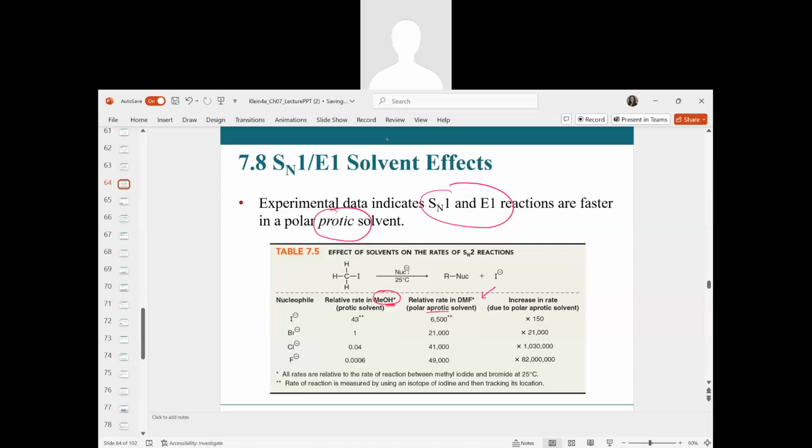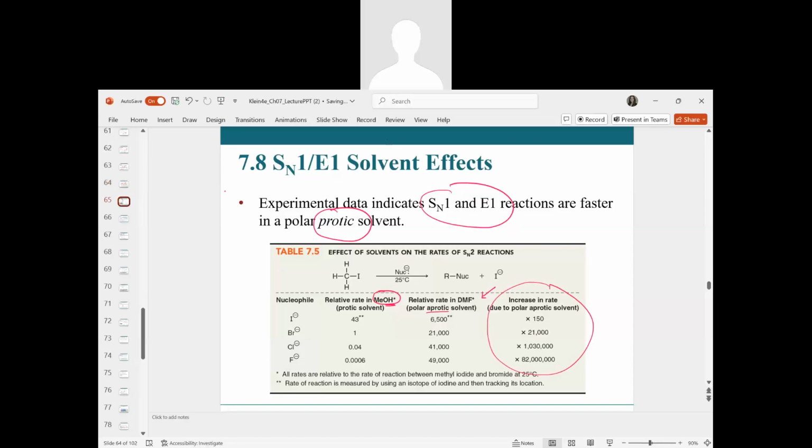In these aprotic solvents, these reactions are slower, and we see the increase in rate in polar protic solvents.